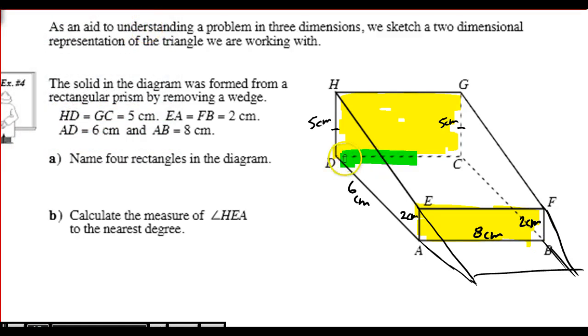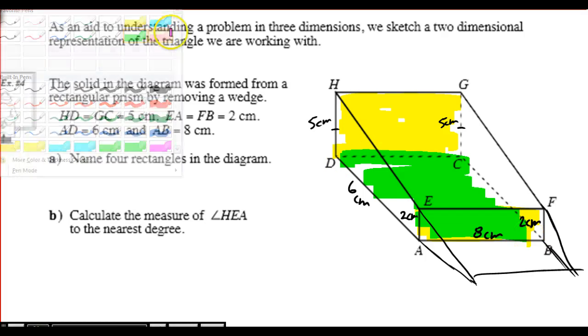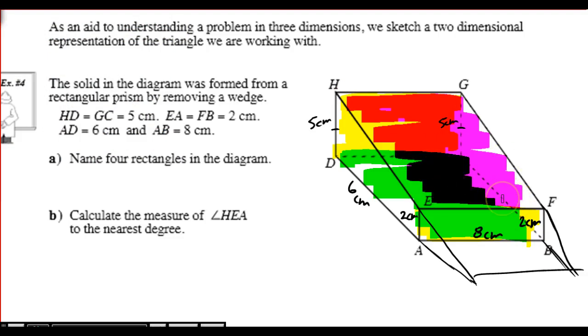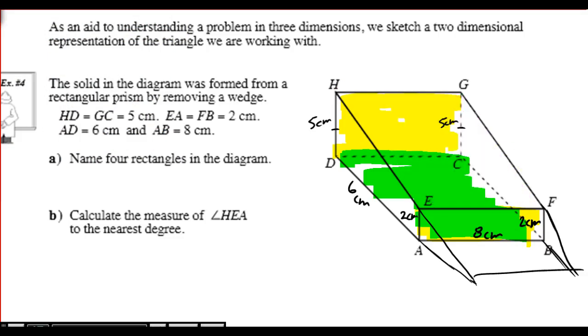That would be the bottom there, and the top would be this one over here. Okay, so super messy. Now I'm going to erase all those because we don't really need them. Okay, there we go. So calculate the measure of the angle HEA.